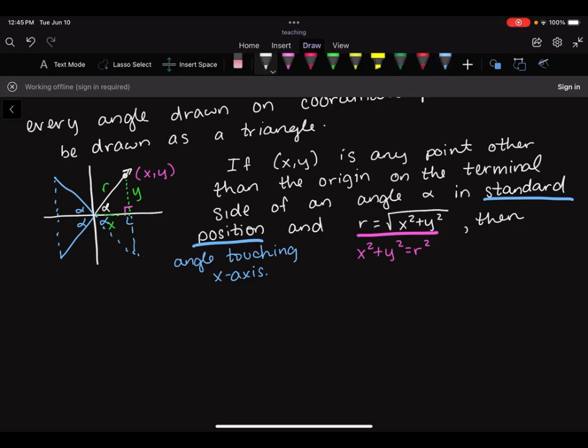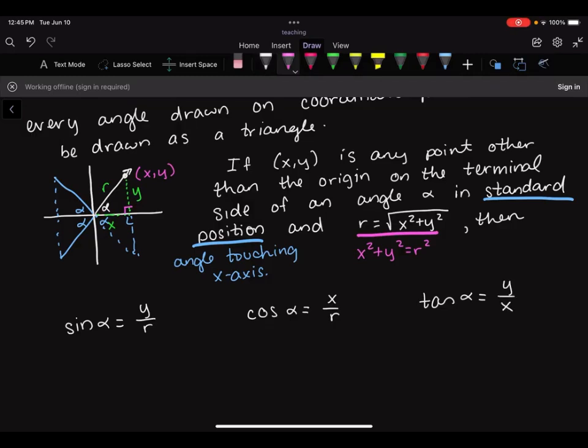So let me write the rest of this theorem. It says sine of alpha is equal to y over r. Cosine of alpha is equal to x over r. And tangent of alpha is equal to y over x.